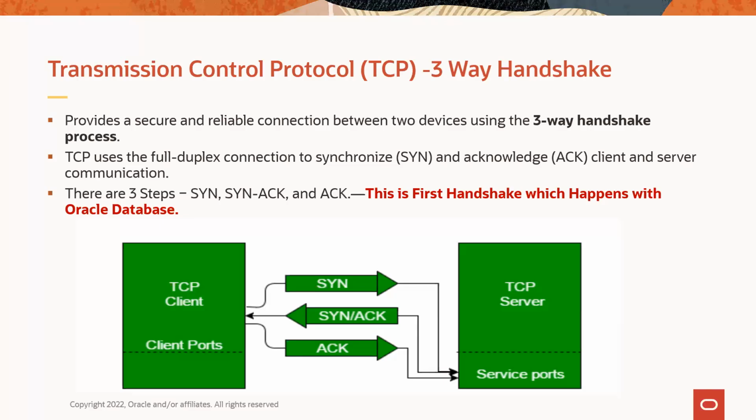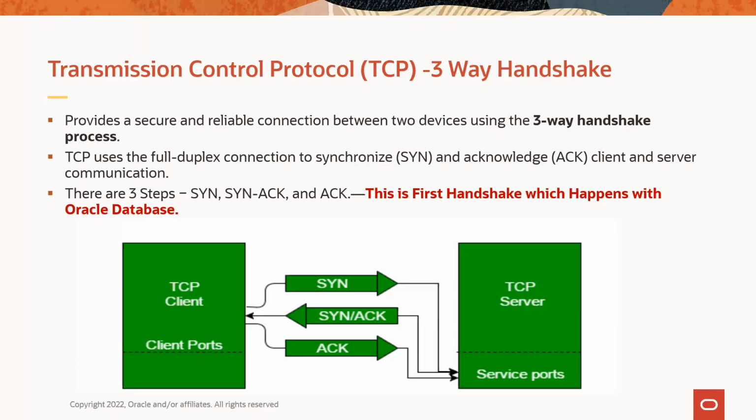So the client sends a SYN packet. If everything is good, there's no network issue in between, and no firewall or load balancer blocking the respective port of communication going to the database server, the database would reply with a SYN-ACK packet. For that SYN-ACK packet, the client would respond with an ACK packet.